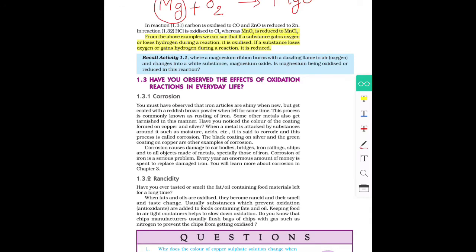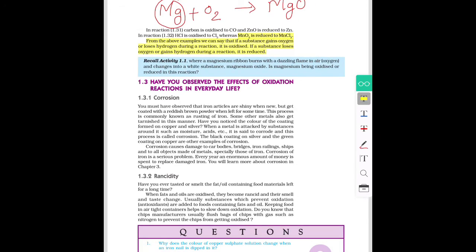When a metal is attacked by substances around it, such as moisture, acid, etc., it is said to be corroded, and this process is called corrosion. The black coating on silver and the green coating on copper are all examples of corrosion.